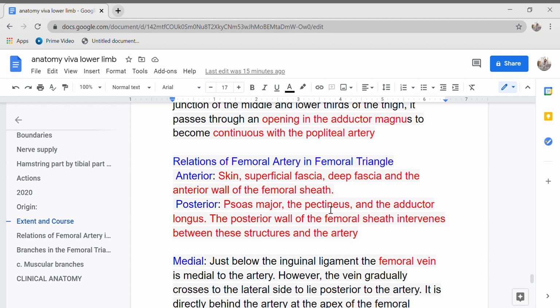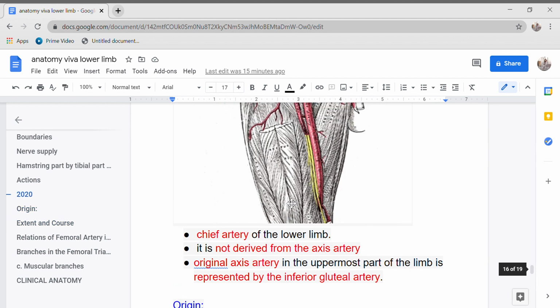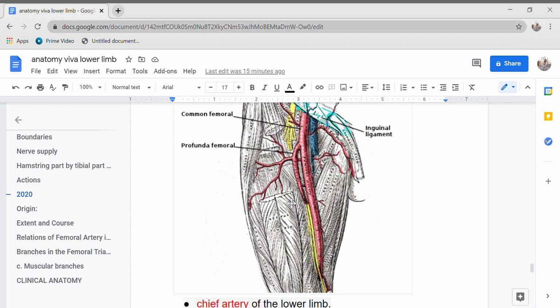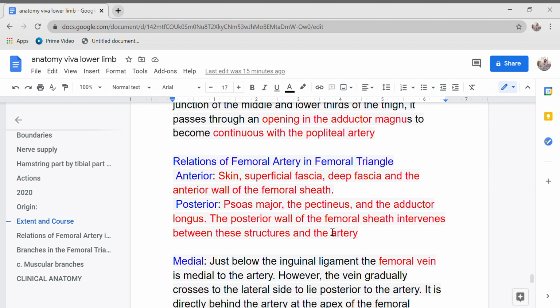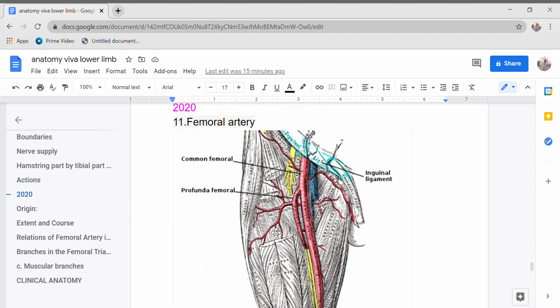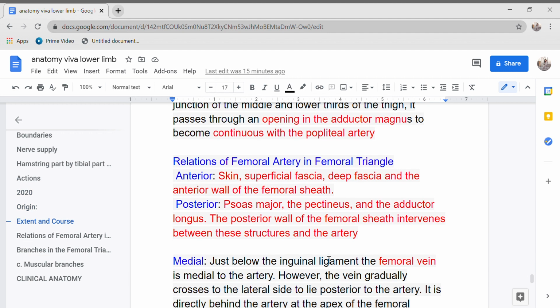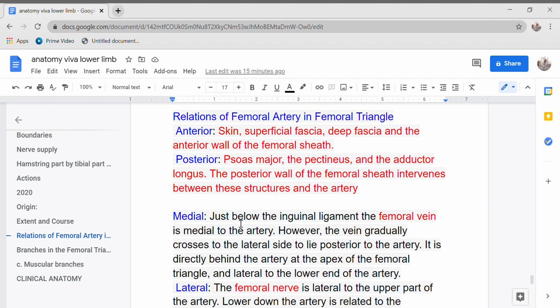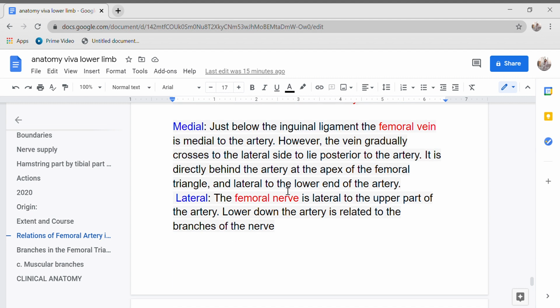Posteriorly there are muscles: psoas major, adductor longus, and a key muscle called pectineus, along with the posterior wall of the femoral sheath. Medially is the femoral vein, and laterally is the femoral nerve.